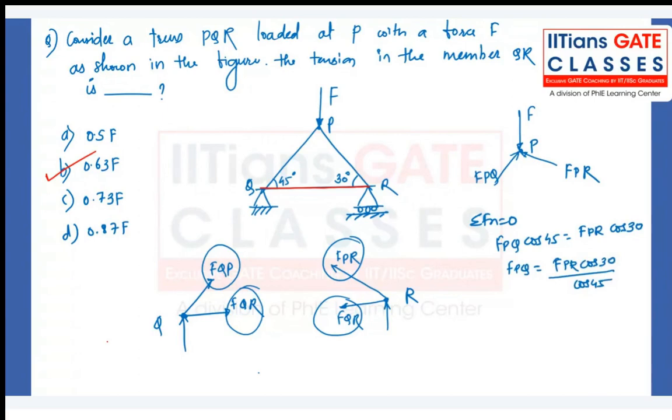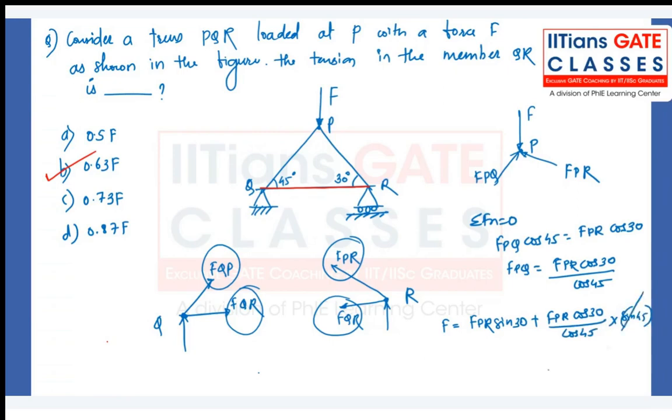So the value of F has to be equal to F PR sine 30 plus F PQ sine 45. But F PQ we have already calculated, so I'll directly write F PR cos 30 by cos 45 into sine of 45. And sine 45 and cos 45 are the same, so they will get cancelled.